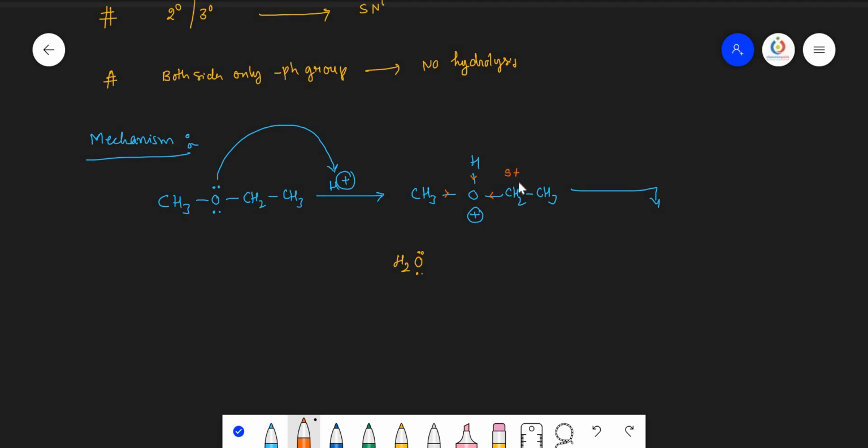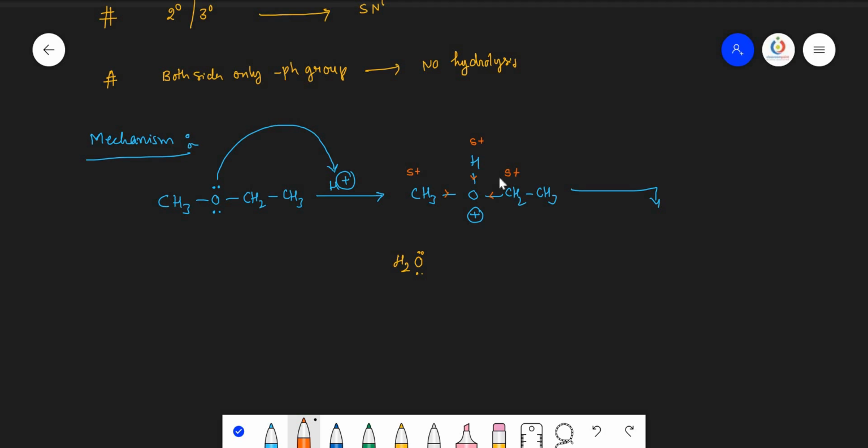Imagine partial positive charge over this carbon, over this particular hydrogen, and over this particular carbon. Don't think that the partial positive charges here and here repel each other. No, there are chances for this oxygen to withdraw the electrons from the atoms connected to it. Then only charges shall be created over them.